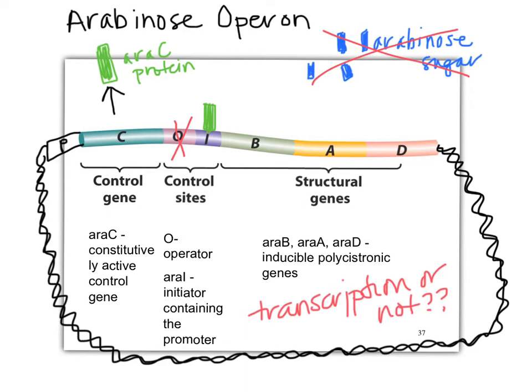And he's supposed to then also interact with the operator to block transcription. The operator's not working. It's a mutant. Nothing can bind there. So what happens? Yes, transcription. Even though it's not supposed to. It's only supposed to happen if arabinose is there. But because of this mutation, it changes the outcome.